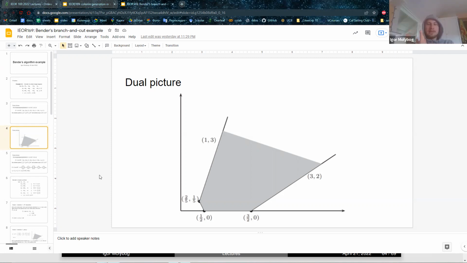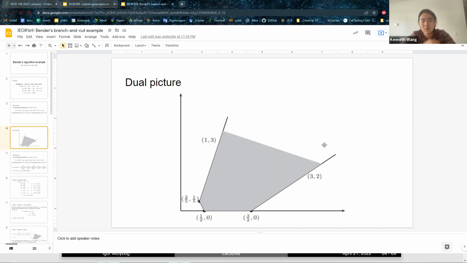The ray is a direction in which you can wander into infinity, and an extreme ray is a direction in which, if you deviate from that direction by a little bit, then the corresponding rays will not be feasible rays anymore.